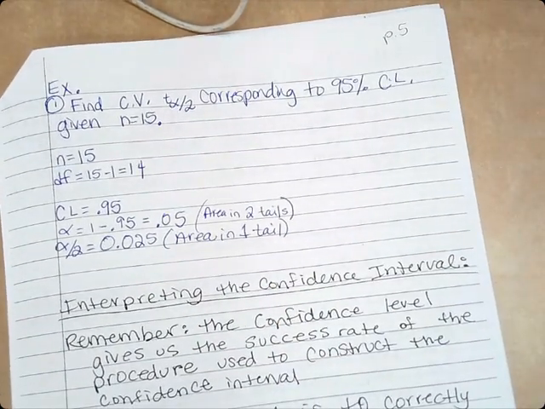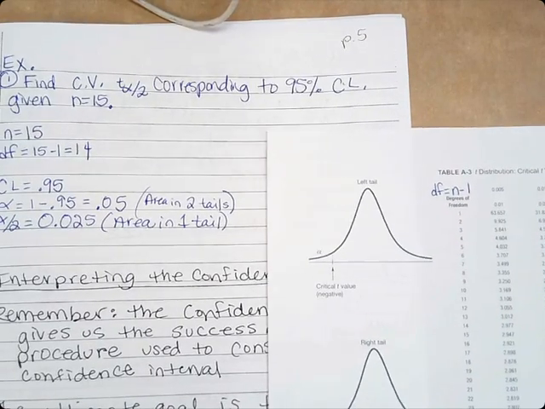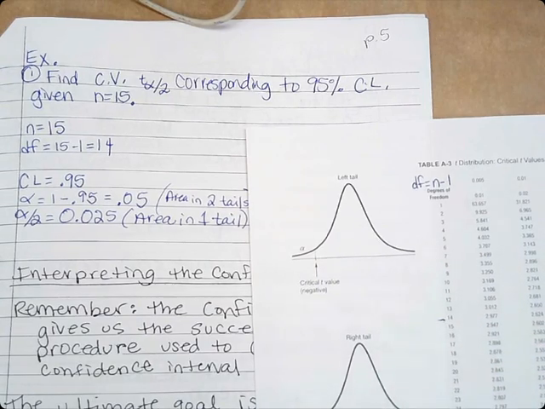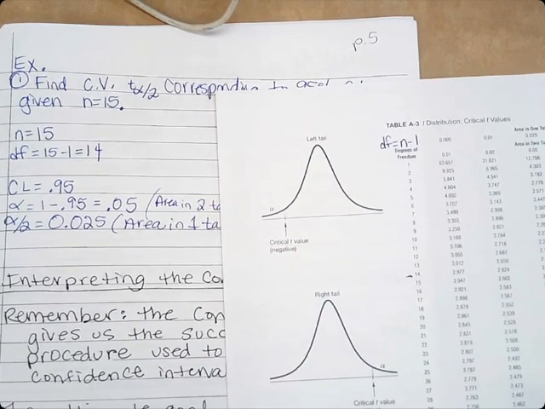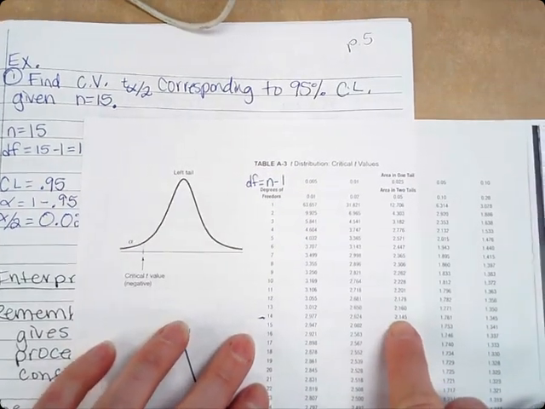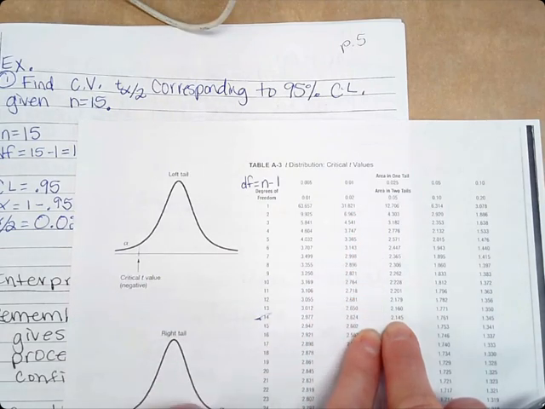So we'll just look at our chart. We want to look at the degrees of freedom where we have 14. So there's 14, and then 0.05 for our area in two tails. So 0.05, come down, 2.145. That's our critical value.